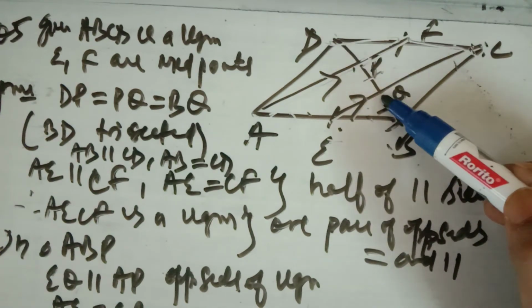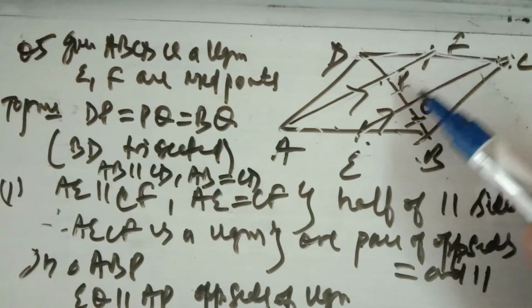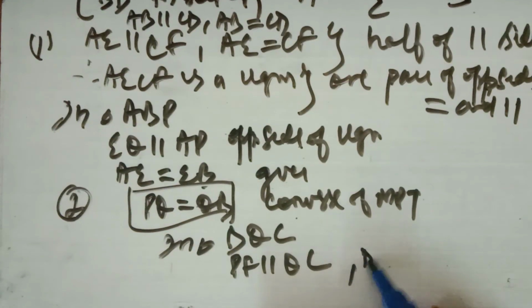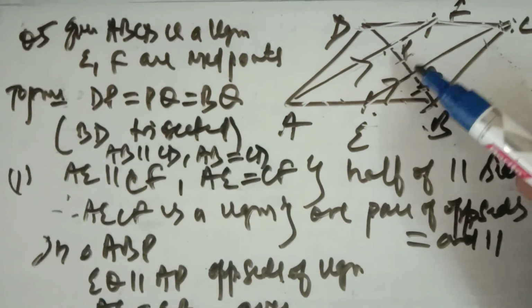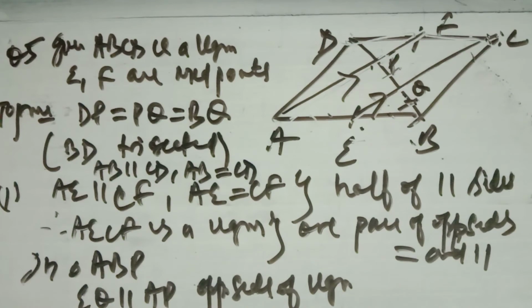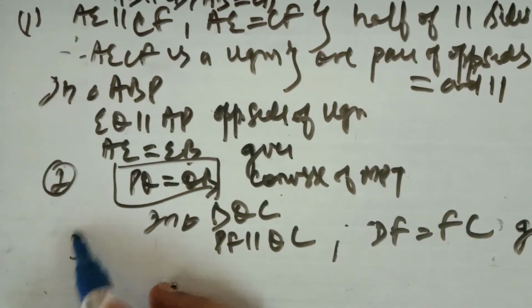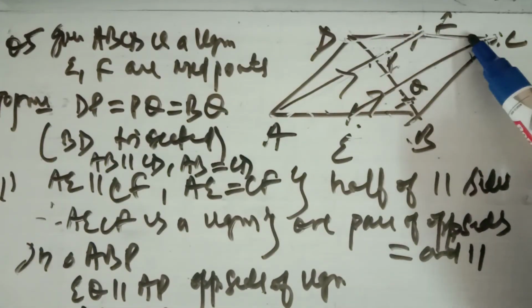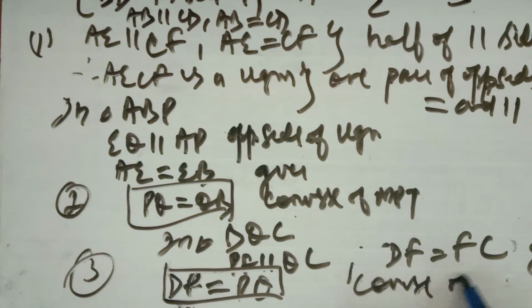So what can I write? This is parallel to this, this is equal to this, therefore DP is equal to PQ, by converse of midpoint theorem.